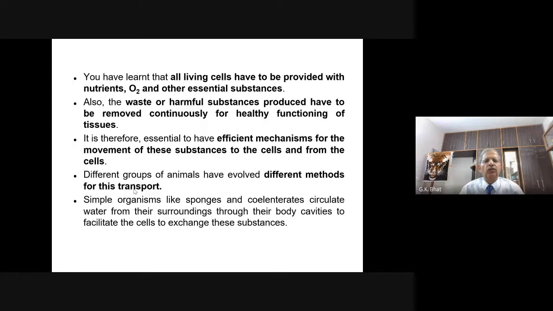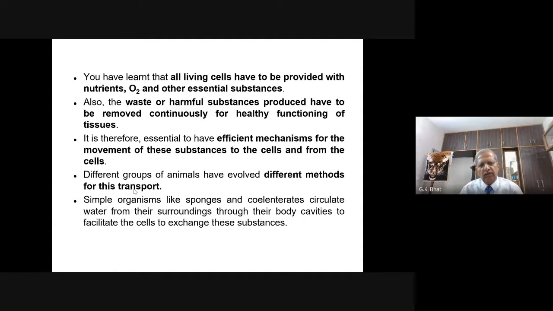When waste products are produced, they have to be removed continuously for the healthy functioning of the body, for the healthy functioning of the tissues of the body. It is therefore very essential to have an efficient mechanism for the movement of these substances to the cells and from the cells.